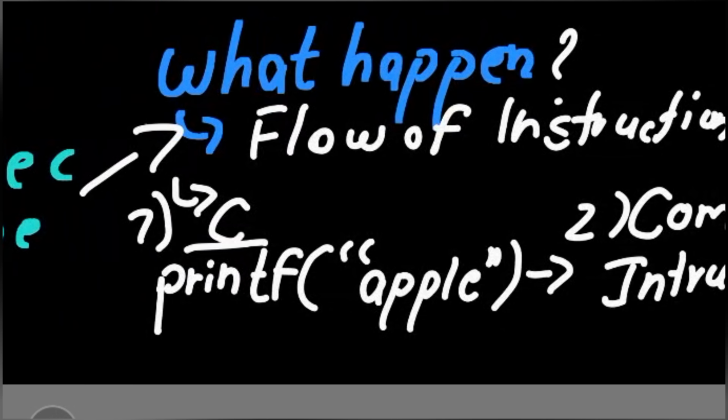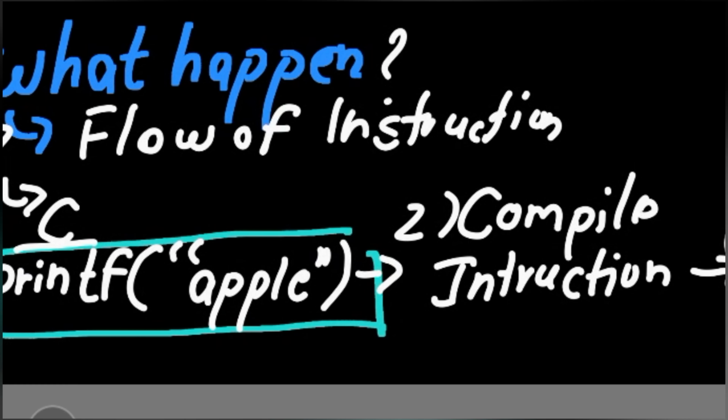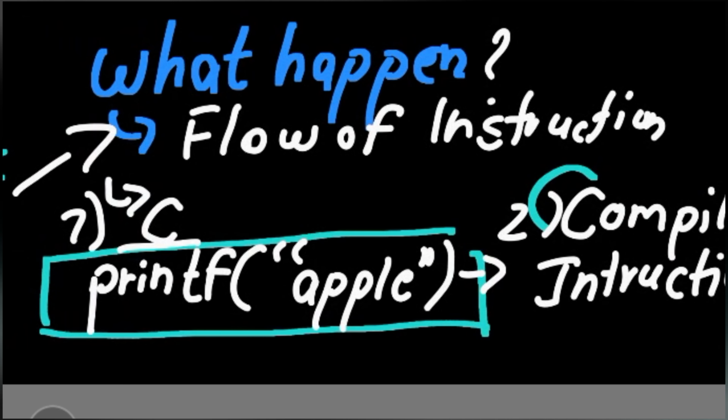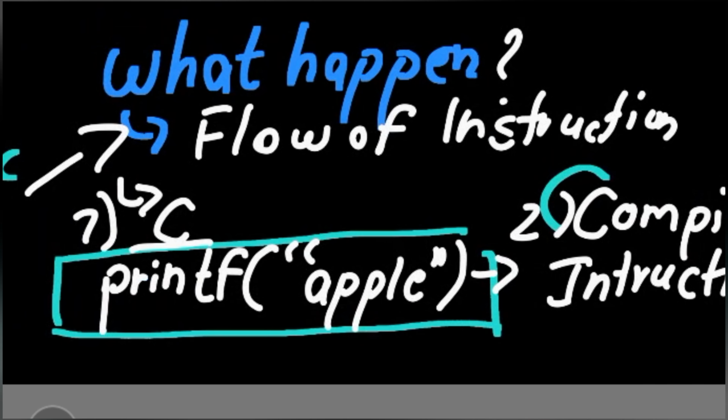First of all, let's say in our programming language, we want to print apple on our monitor. So first of all, we type the instruction, which is print apple on the screen. Here comes the part of our compiler. Our computer doesn't understand the concept of print apple. It only understands machine-level language.